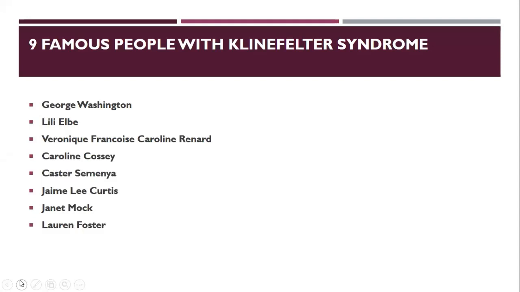The famous president of USA, George Washington, was suspected to have such a disease. Lily Alba. He was like a sterile individual, but later that person became a female due to that disease. Veronique Francois, Caroline Renard, Caroline Corset, Castor Semenya, James Lee Curtis, Janette Mock, Ronan Foster.